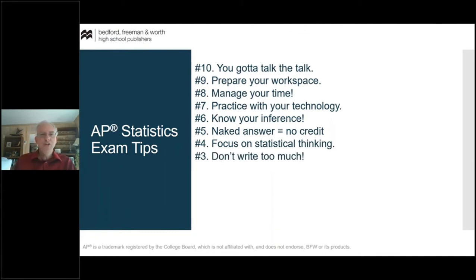Number 3, don't write too much. You'll fall afoul of that mandatory deduction rule. Number 2, read the question and answer the question. That'll save tremendous agony when you look back at the responses that you gave later and realize that you didn't actually answer the thing they asked. And tip number 1, be prepared and be confident.